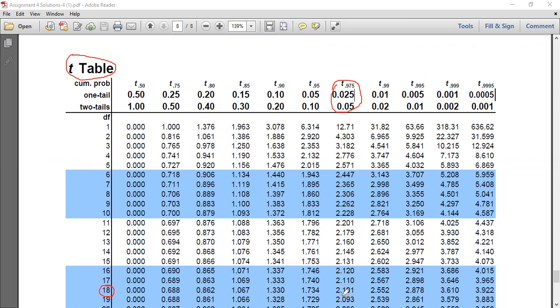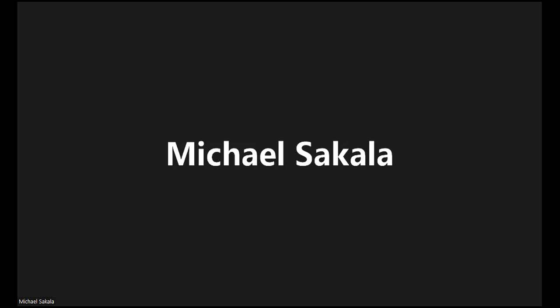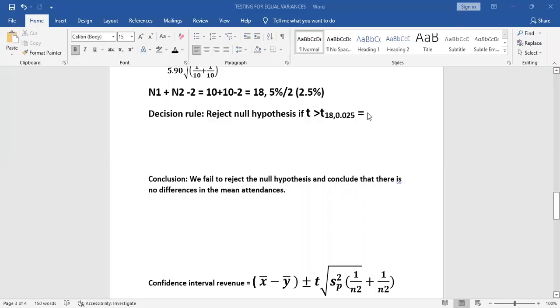So that's my T reading. So my T is 2.101 as read from the table.